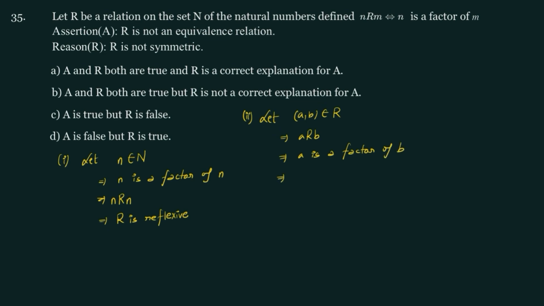So if a is a factor of b, then a will divide b, but this does not imply that b divides a. For example, we know that 1 is a factor of 3, but 3 is not a factor of 1. Hence, it is clear that R is not symmetric.